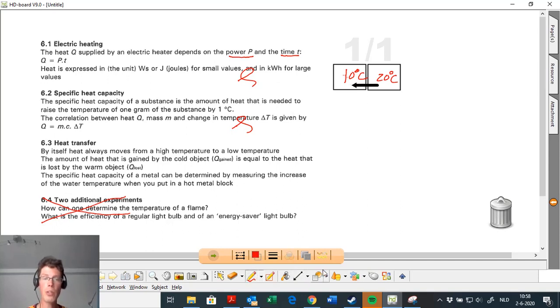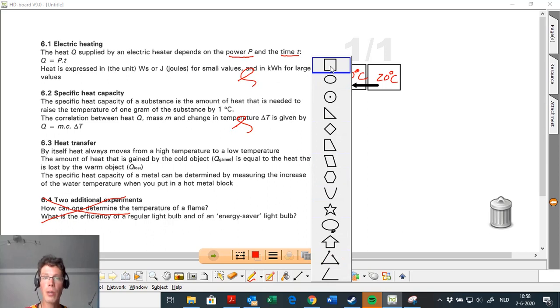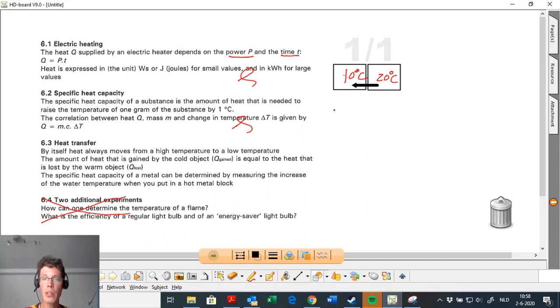And this will continue until both objects have the same temperature. So when, for example, this one is 15 degrees Celsius and this one is also 15 degrees Celsius, heat transfer will stop.